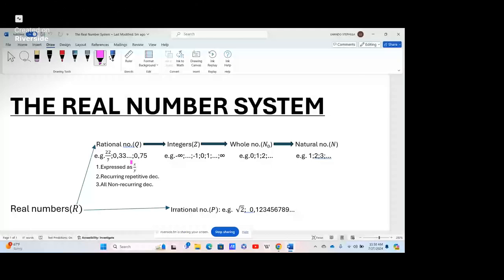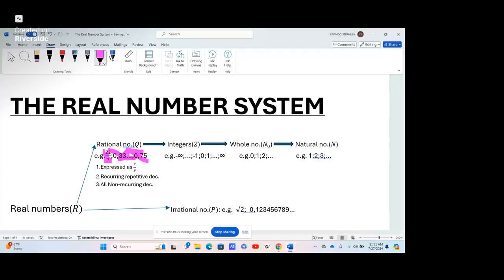Rational numbers are a mixture of fractions, decimals, and integers. So you have to remove fractions, you have to remove decimals, so that in the set of rational numbers, you are left with only integers.